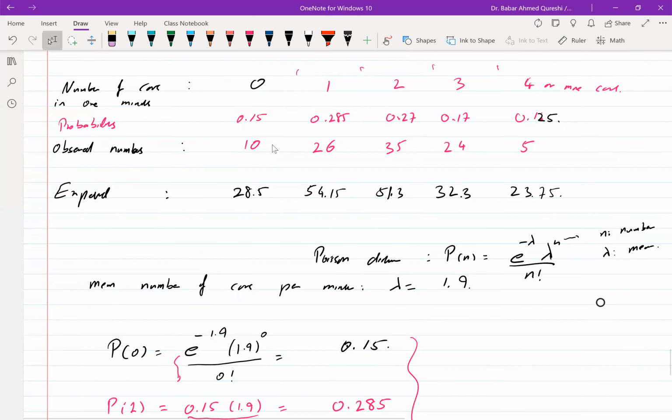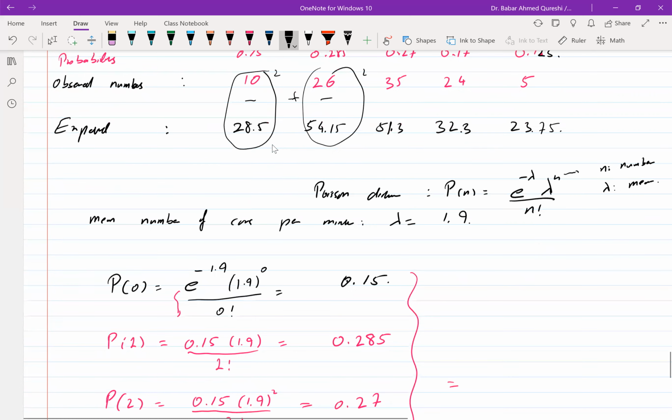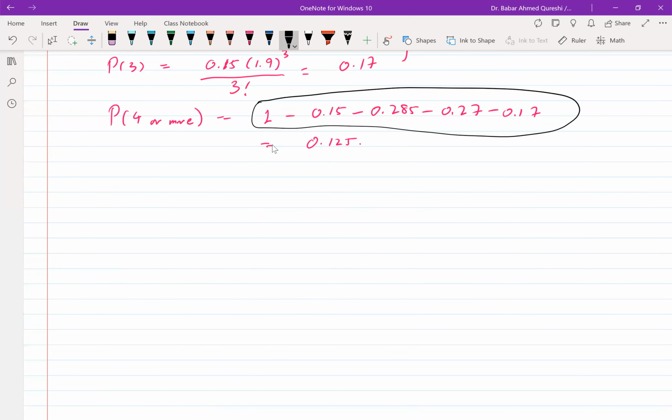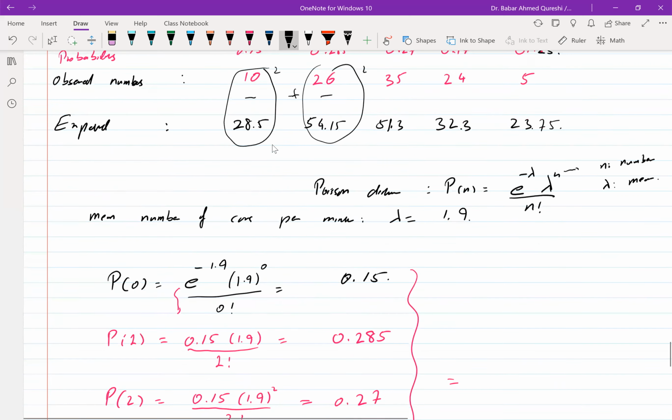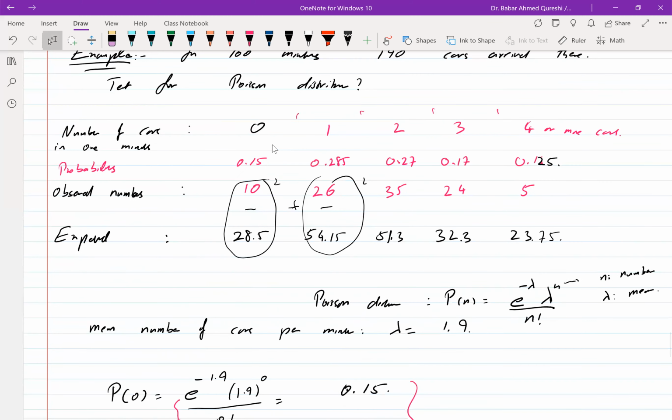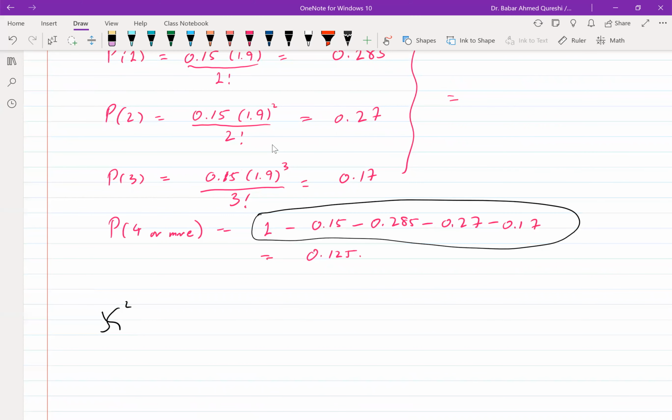Okay, so all I have to do now is the same thing. I think I should not do the calculation. Make these differences, difference square, plus difference square, add all of them, and then make this chi-square, which is a variable of 3 now, because I have 5 categories, so it's 4.